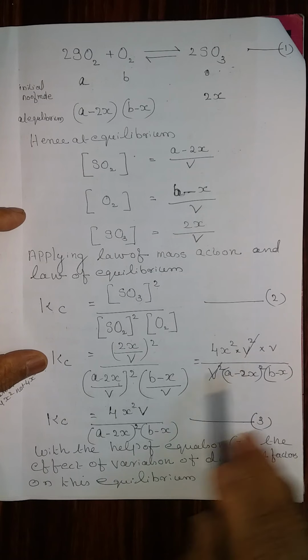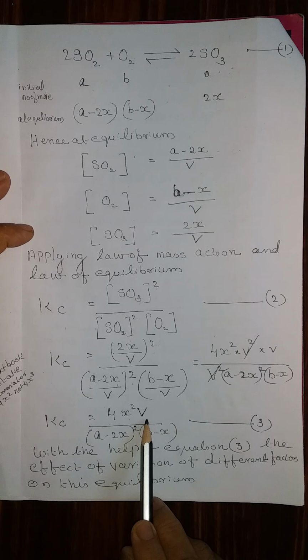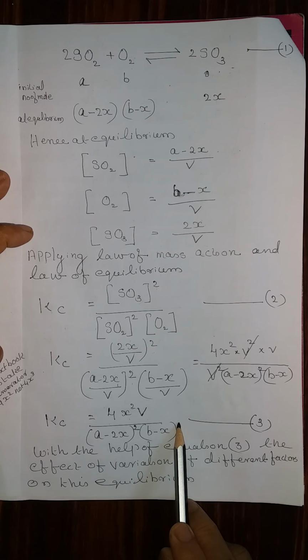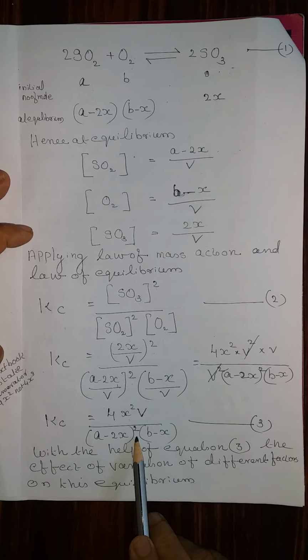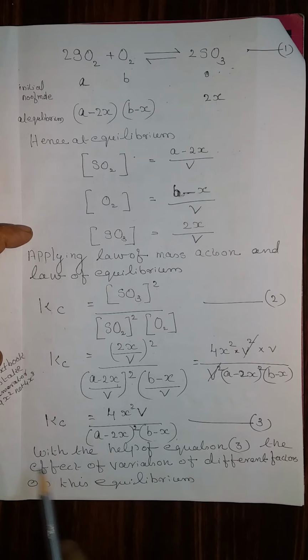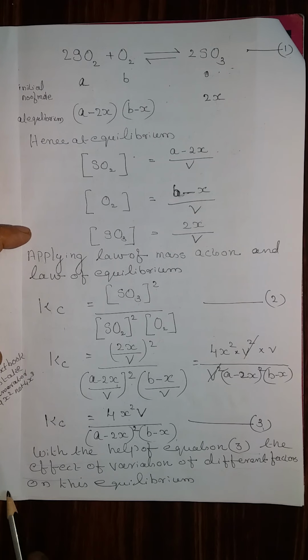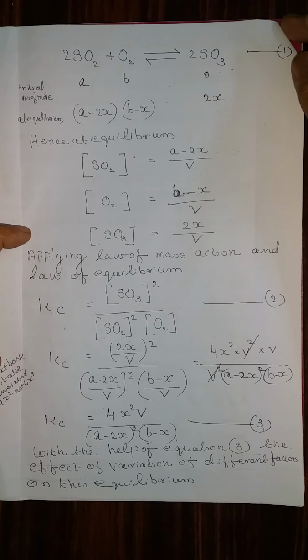On simplifying this equation, you should get 4x²V divided by (a − 2x)² into (b − x). With the help of equation number 3, the effect of variation of different factors we can discuss.